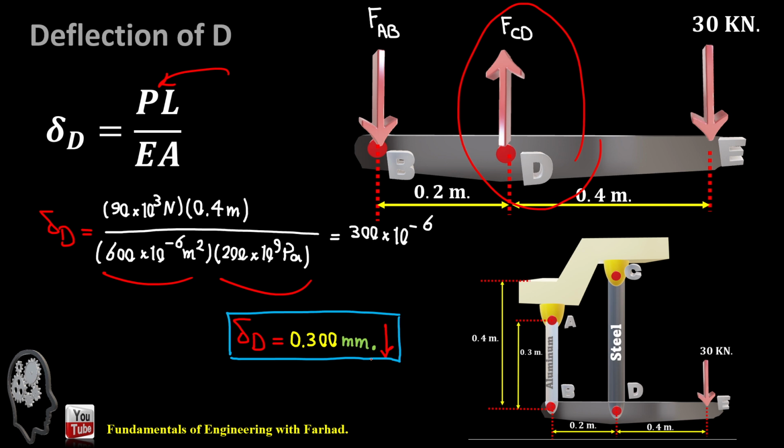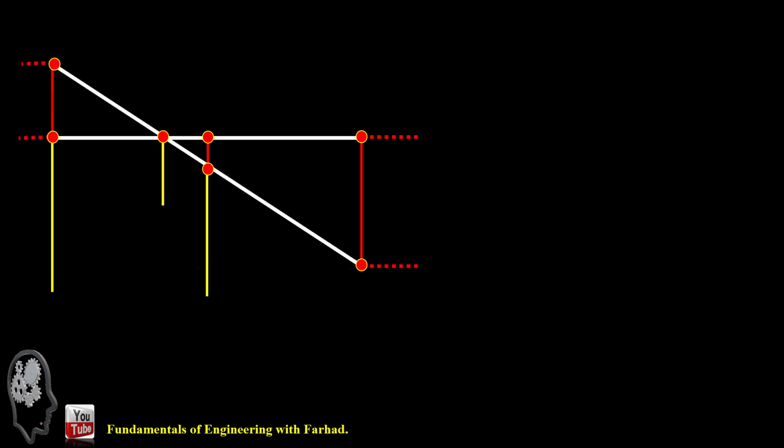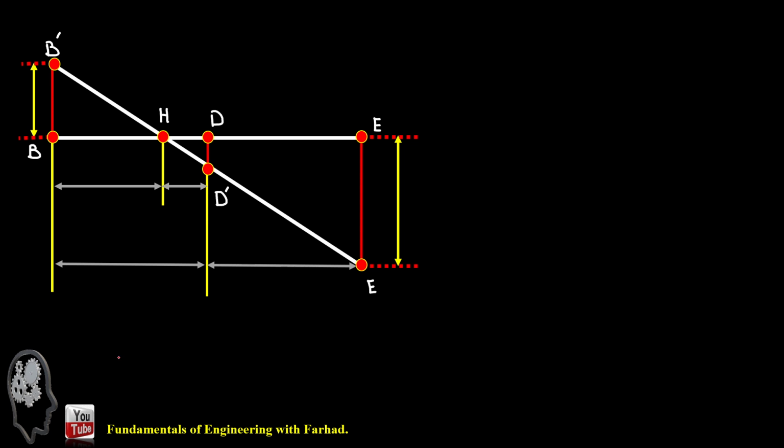That's 0.3 millimeters downward. As soon as we get delta B and D, we were looking for delta at B, delta at D, and delta at E. So far, we have two of them. Let's see how we can calculate delta at E.